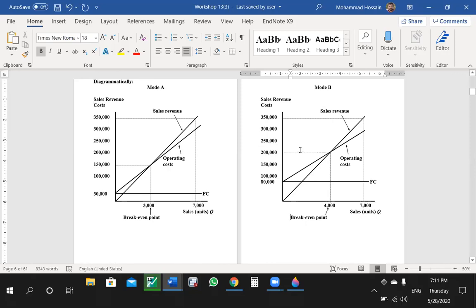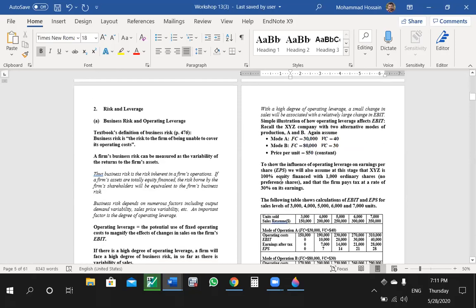All right. Now let's move on to the next one. The next topic we're going to discuss is risk and leverage. What is this? So what is the risk?